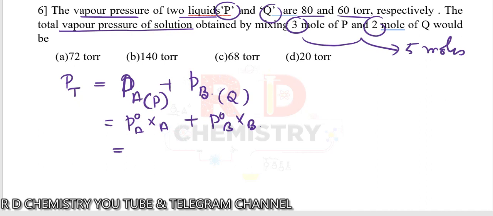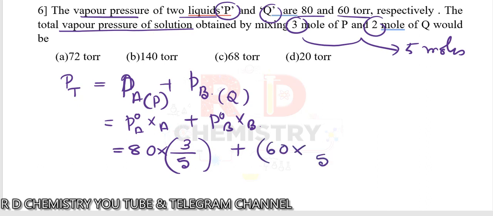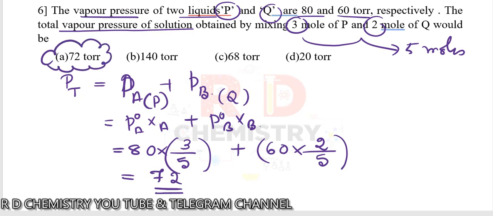For the first component, the vapor pressure is 80 into the mole fraction: the total number of moles is 5, and for P, 3 moles are there, correct, plus for the second one, the pure component vapor pressure is 60 torr into the mole fraction of the second one. The total number of moles is 5, and out of that, 2 moles of Q. Correct? Therefore, when you calculate this, you'll get the answer equal to 72 torr. Okay? The answer is option number E. Right?